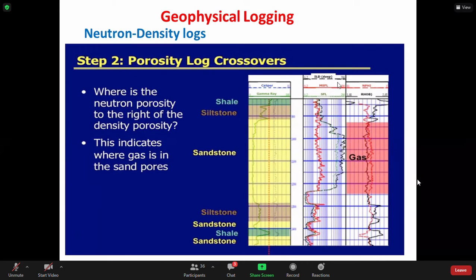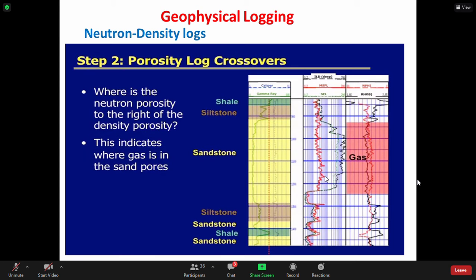Okay, so we can see that where we have low gamma response, it indicates our sand formation, because it does not contain much thorium or potassium, so we have low radioactivity in that region. That's our sand formation. And we check our resistivity log. We can see our deep resistivity, our medium resistivity, and our shallow.